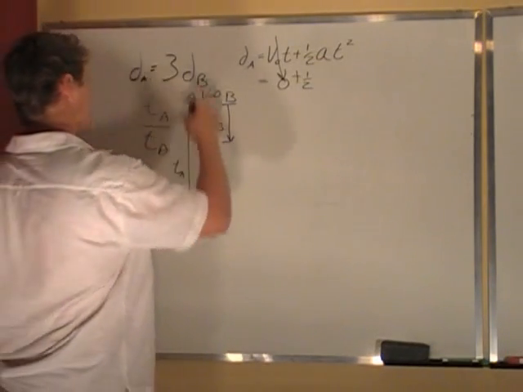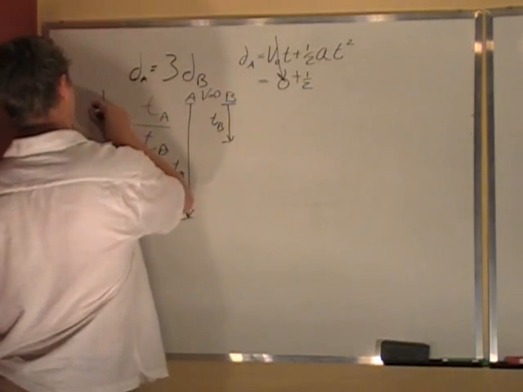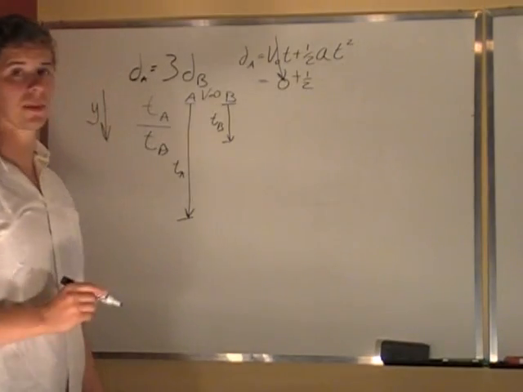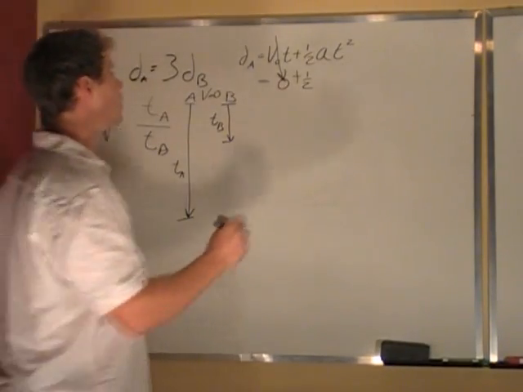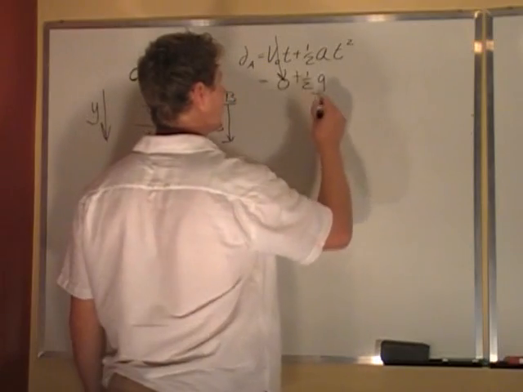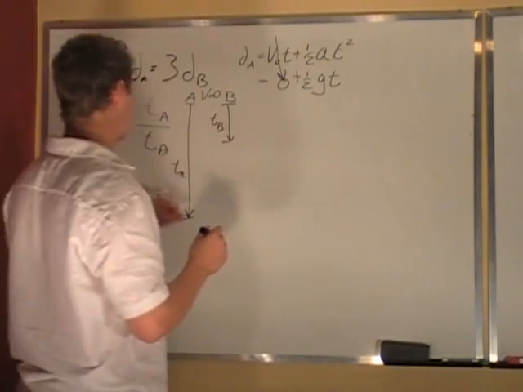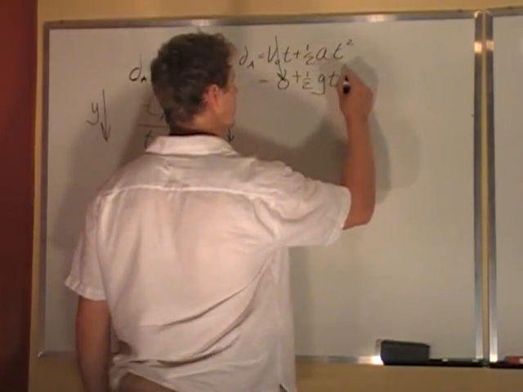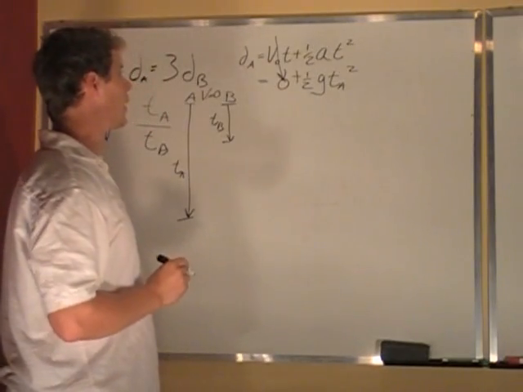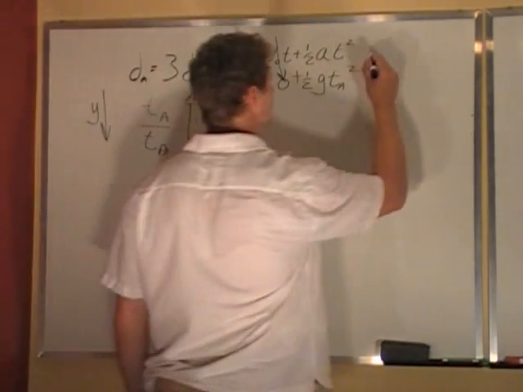Now, since I'm just going down, I'm just going to define my y-axis positive down, just to make things easy. So I can put in g for a, TA squared.